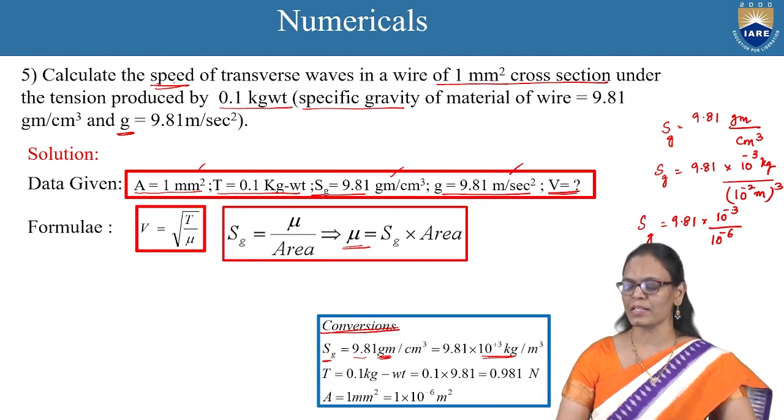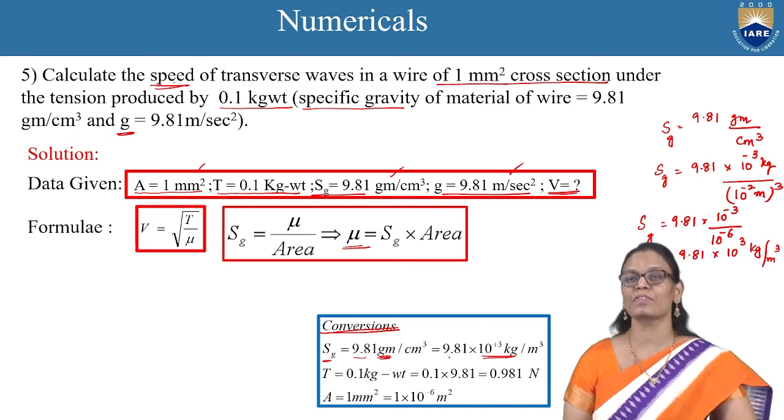And when this minus 6 comes up, what we have is 10 power plus 3. This will be in kilogram per meter cube. Minus 3 and plus 6 gives us plus 3. So we have 9.81 into 10 power 3 kilogram per meter cube. So that is the conversion for Sg.